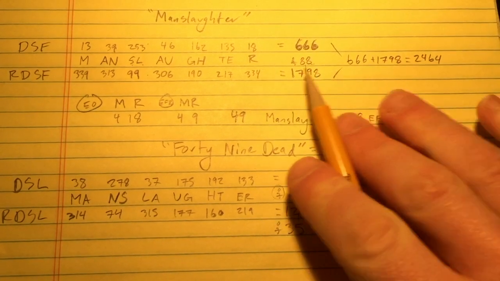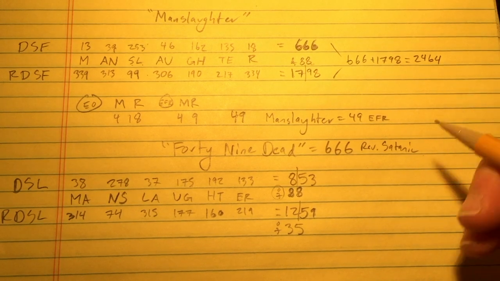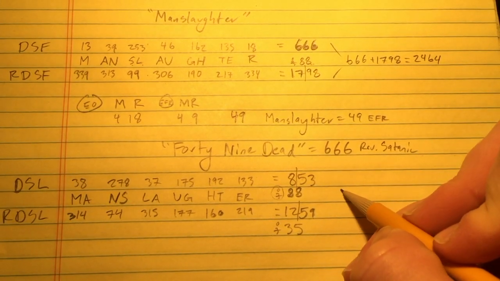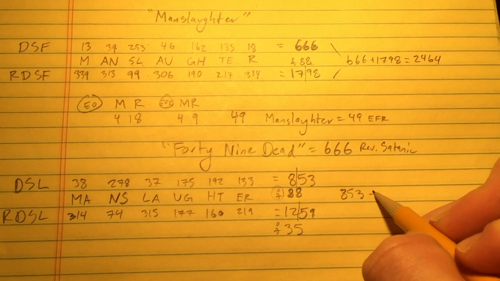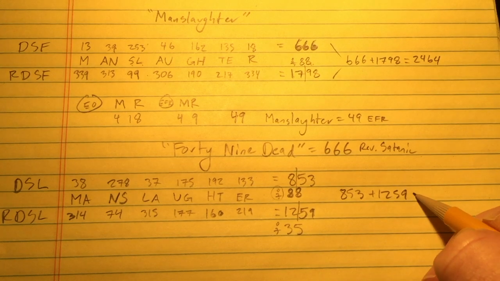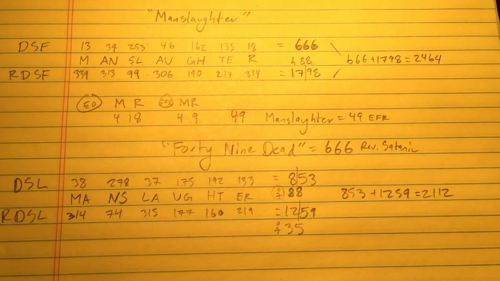In this case, for the single first spelling, it's 2464. And then in the single last spelling, where 853 plus 1259 is added together, we get 2112.